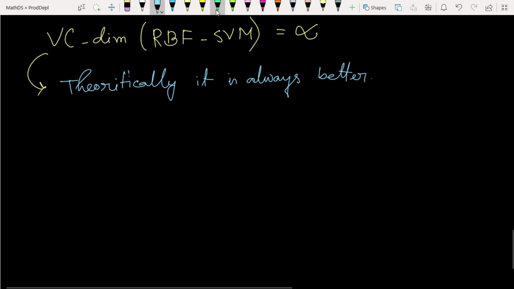But in practice, it does not imply that RBF SVM is the best in practice.